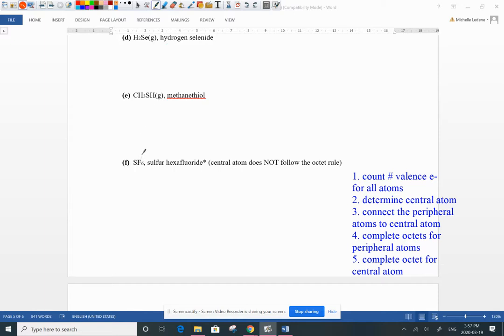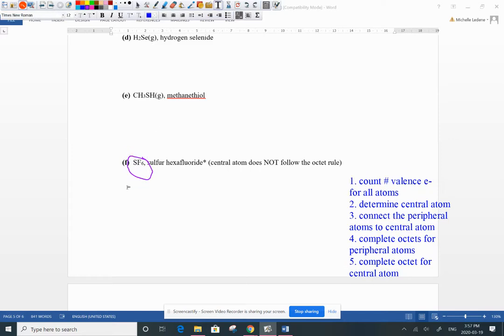So let's look at SF6 as my example here. I have 1 sulfur atom, plus 6 fluorine atoms. To count my valence electrons, sulfur is group 16, so it has 6 electrons, plus there are 6 fluorines.